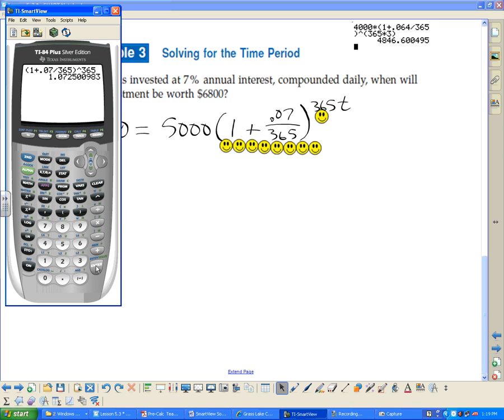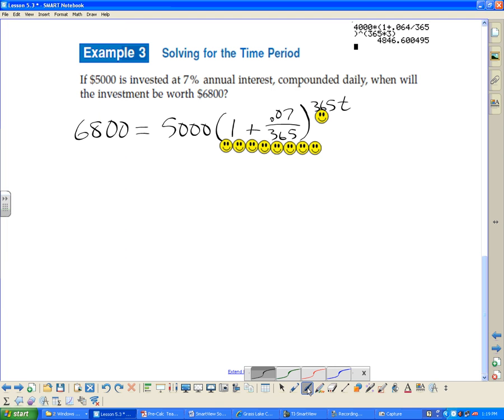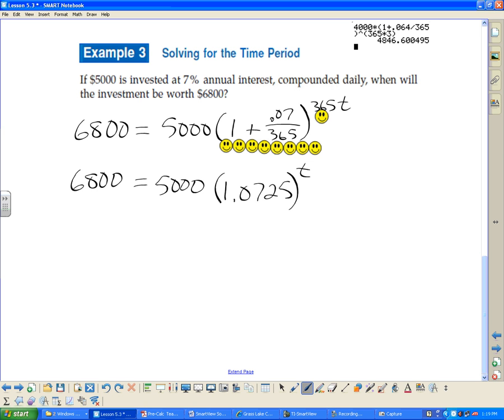Okay, so we get 1.0725. So 1.0725 here. Now that's going to be to the power of t, and we still have our 5,000 and our 6,800 here. Okay, so we were able to simplify that part that we highlighted.